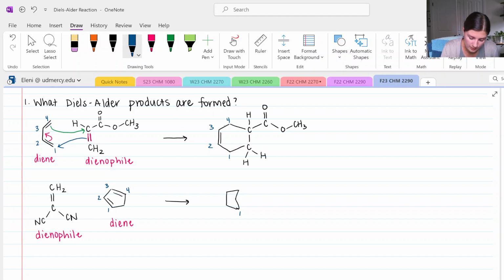So here's carbon 1, 2, 3, and 4. This makes it easier to show the new bond to carbon 1, we can show that down here. And the new bond to carbon 4.